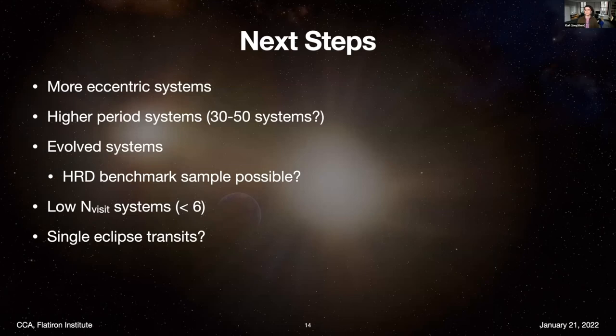Each model will only run for one system, so it's as simple as submitting 50 jobs on Rusty to get results. But then it's a matter of ensuring that the model can handle that much variation across systems, whether they're more eccentric, an evolved eclipsing binary, or have a non-existent secondary transit.